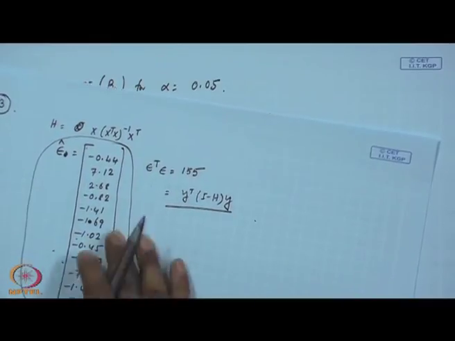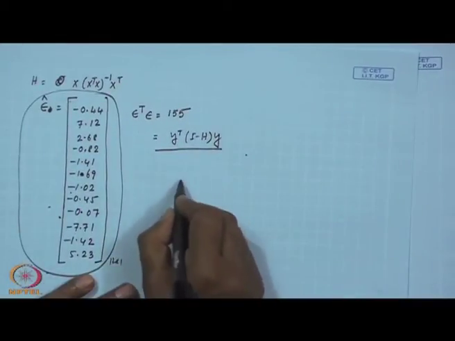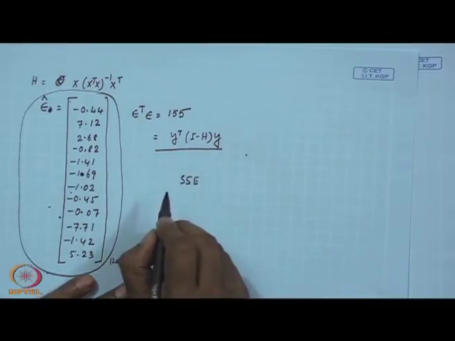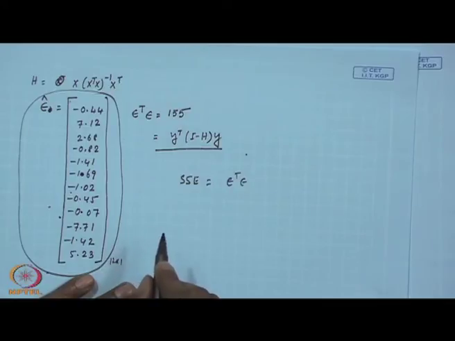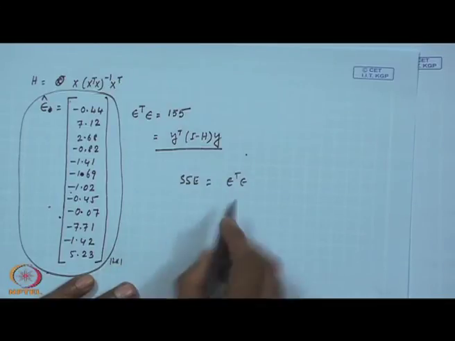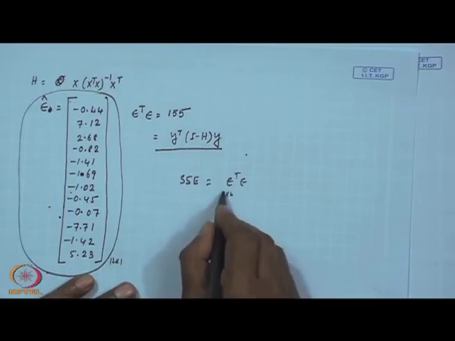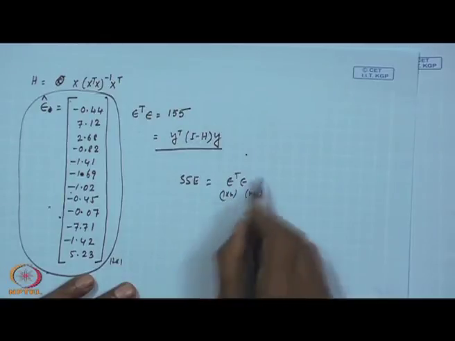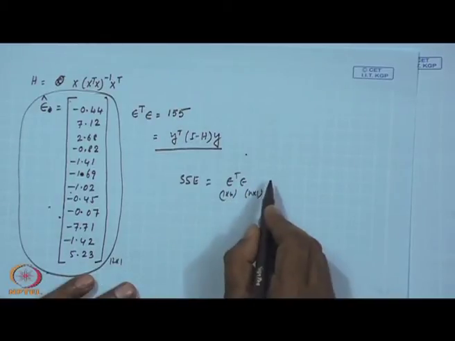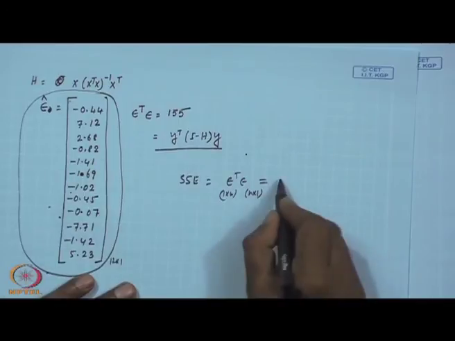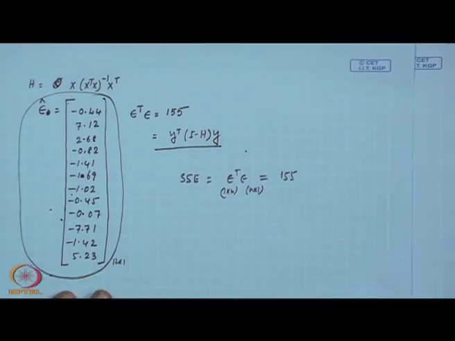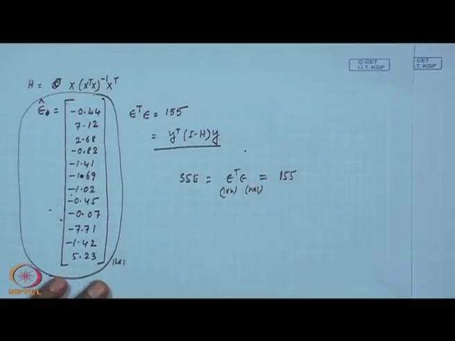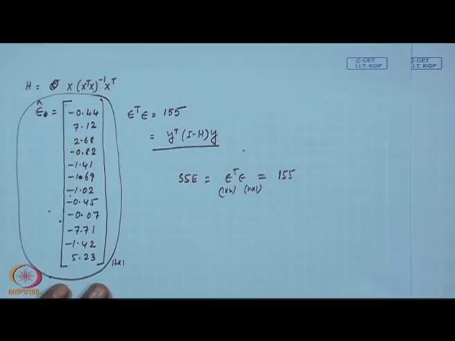So once you get this, that means you know SSE. SSE is epsilon transpose epsilon, so it will be 1 cross n, n cross 1, that one value. This value, if you compute, will come around 155. Because of rounding error there may be some error here and there, but it will be around 155.